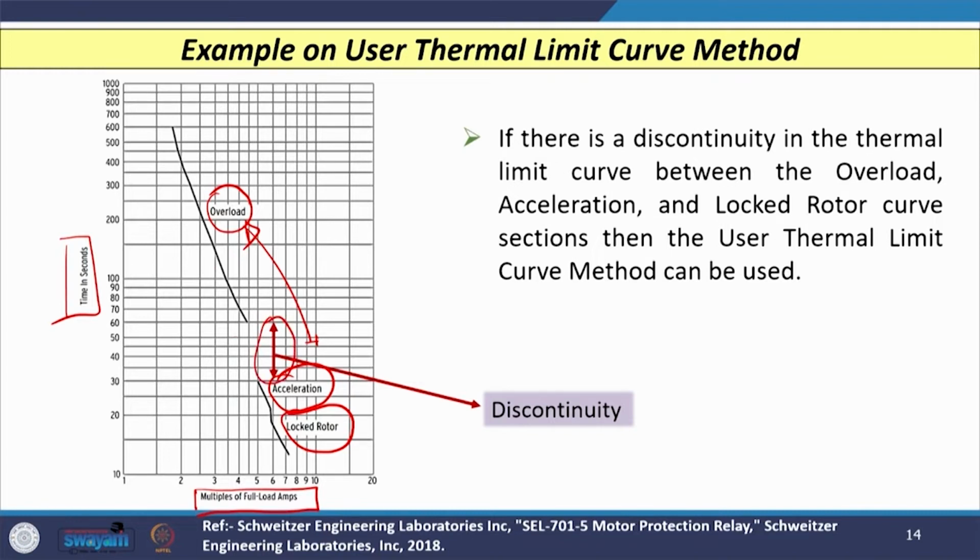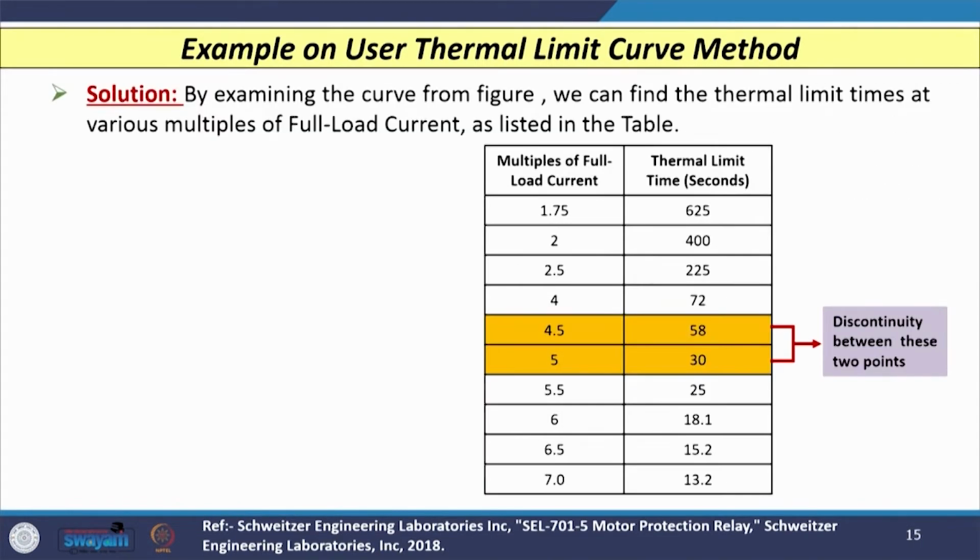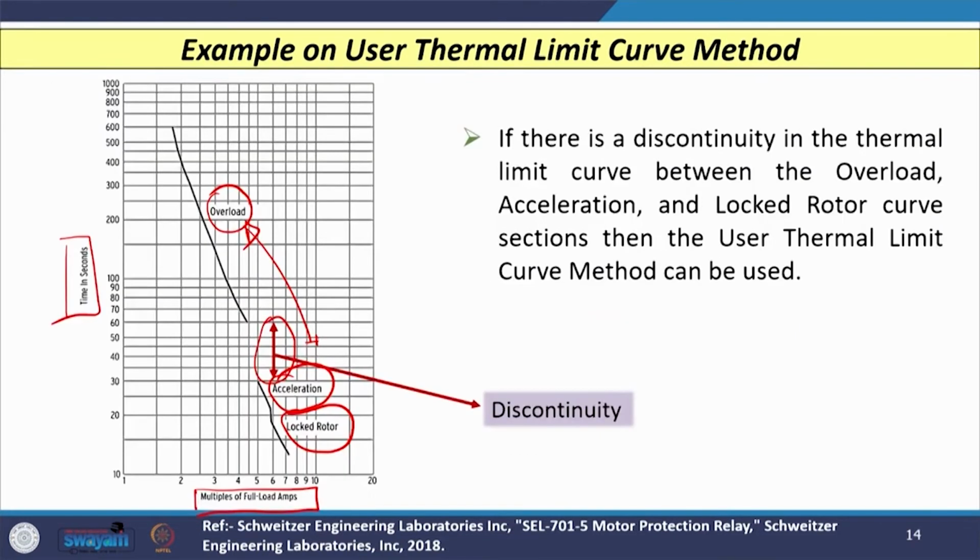With this discontinuity, let us see how the calculations are to be carried out if we go for the user thermal limit curve method. If we examine this curve, we can find that the thermal limit times at various multiples of full load currents are listed in this table. What I have done is, you can see that there is a discontinuity from this point, and if I extend it, this value comes out to be 4.5, and when the acceleration curve starts, if I extend this point, this value comes out to be 5.